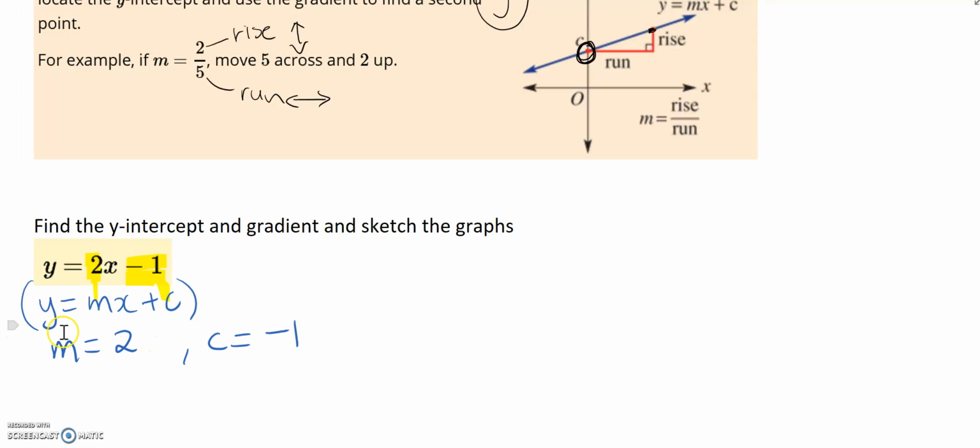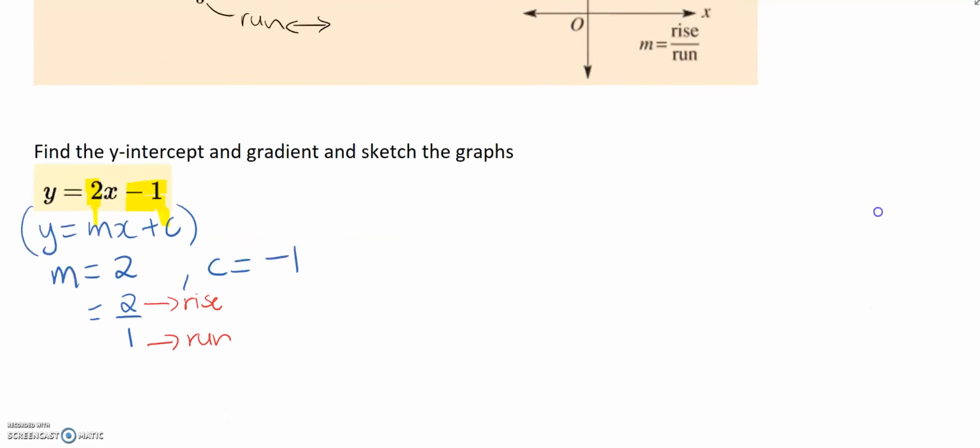What do you think we can do so that we know the rise and run? Can we write 2 as a fraction? Yes, it's 2 over 1. Now, can you identify the rise and the run? Yes, 2 would be the rise and 1 would be the run.